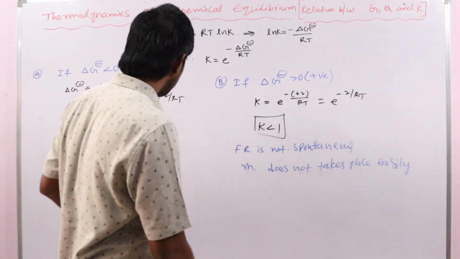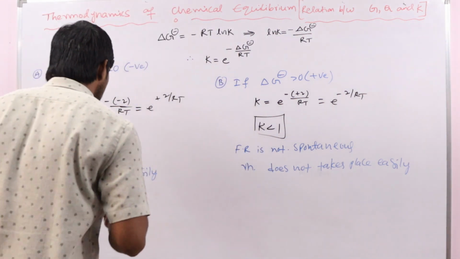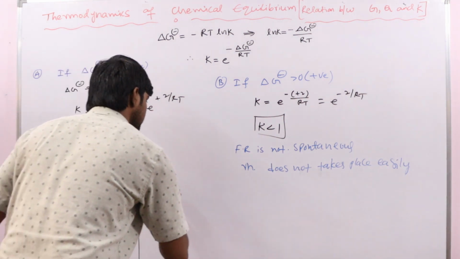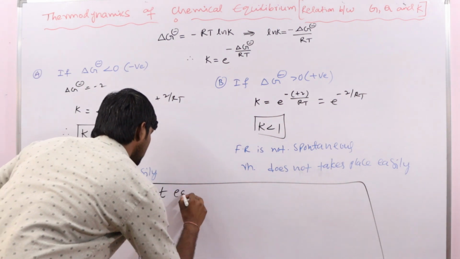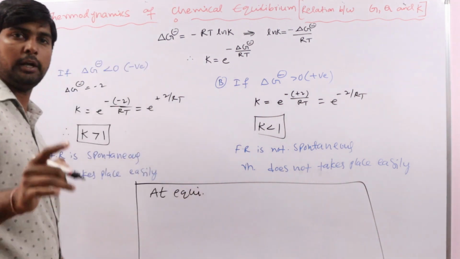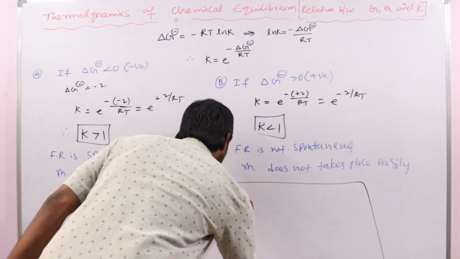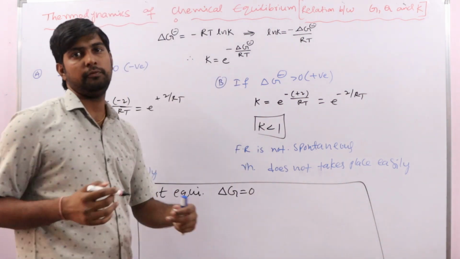Clear? And one more very important thing you should remember: at equilibrium, delta G is equal to 0, fixed.